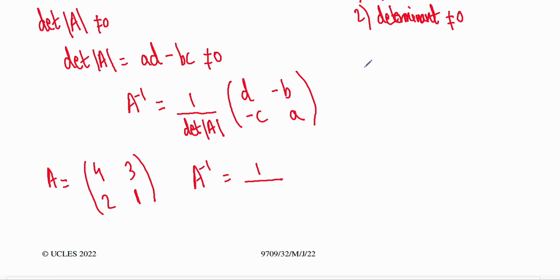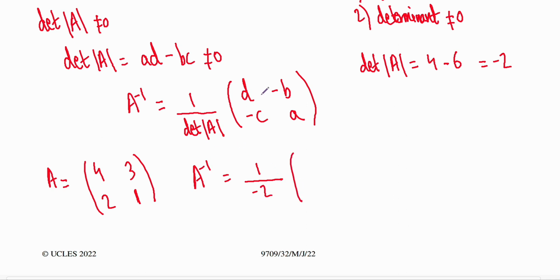It's AD minus BC. So we do 4 times 1, so that's 4, minus BC, which is 3 times 2. So 4 minus 6, which is equal to negative 2. So it can be negative, it just can't be 0. So we have 1 divided by negative 2.